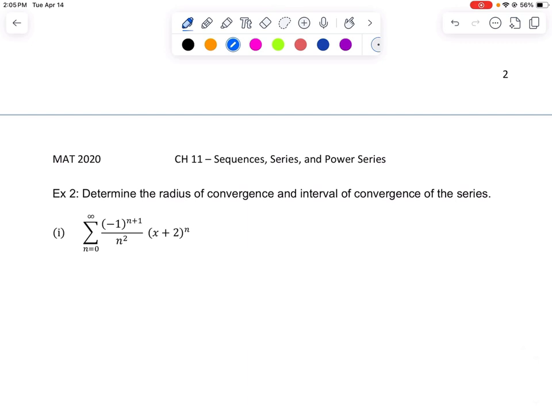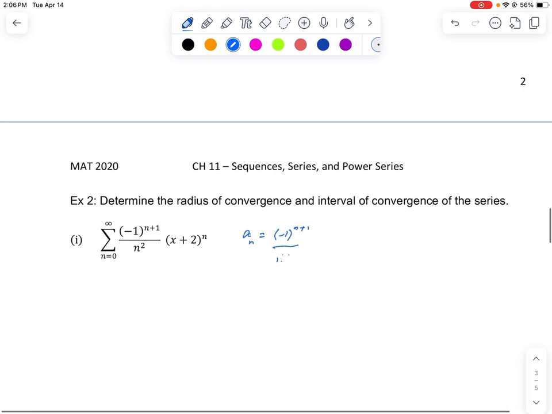So here you can see our a_n is negative 1 to the n plus 1 over n squared, times x plus 2 raised to the power n. So what will be a_(n+1)?